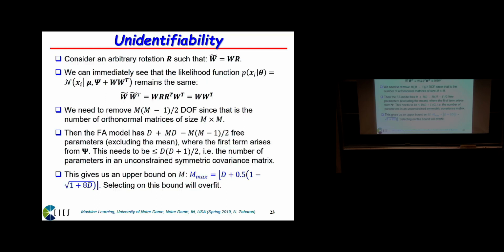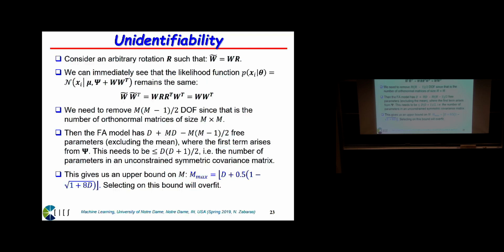And here is the tricky part. If you really want to have model reduction, this has to be less than or equal to d times d plus 1 over 2. What is that? You remember, to get model reduction, the number of unknowns that you get has to be less than the number of unknowns to describe a multivariate Gaussian.